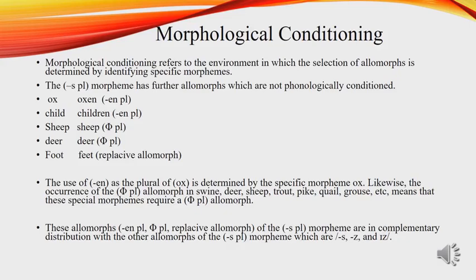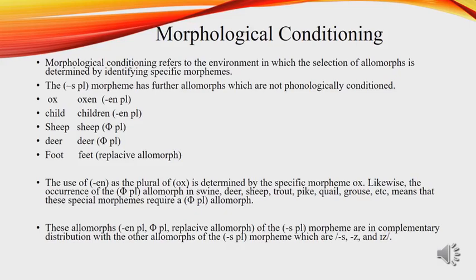This en plural comes in three words in English only: oxen, children, and brethren. We have three words only that have en plural.